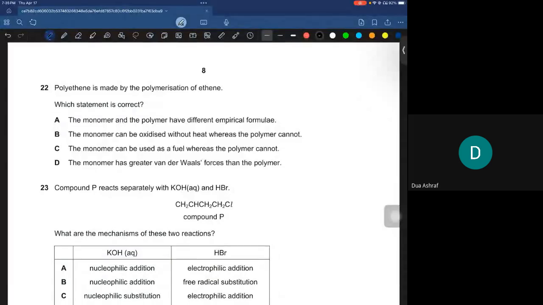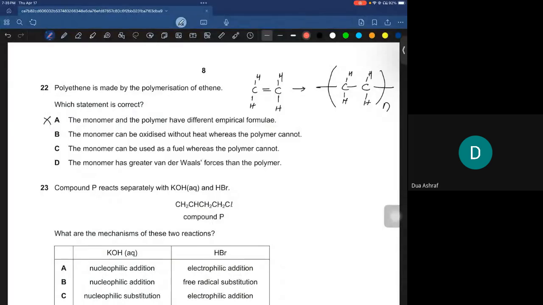Let's suppose this was the monomer and this, the same. So why are they saying they have different empirical formulae? Option A is incorrect.